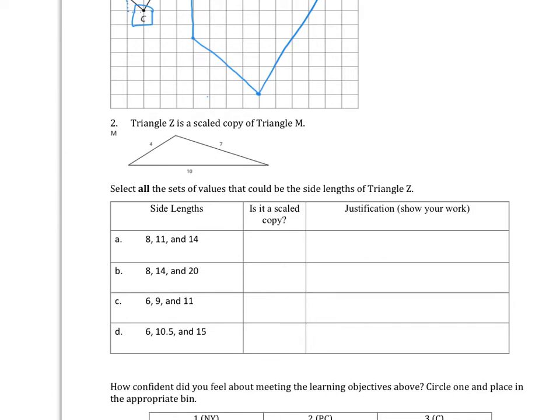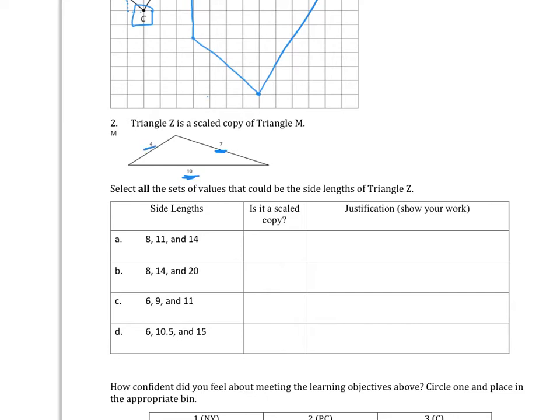So let's go ahead and take a look. If we look here, when we're lining up the side lengths, the longest side will always correspond to the side length of 10. The middle side length will correspond to 7. And the shortest side length will correspond to 4.